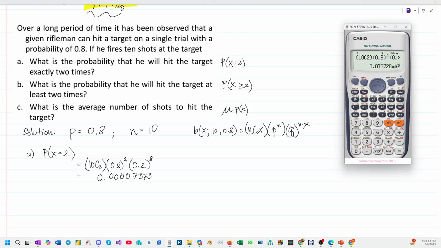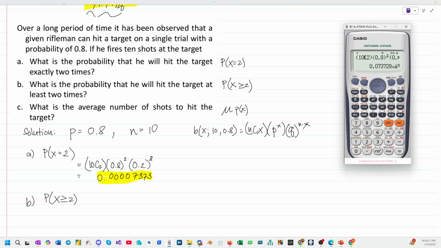Okay, now, you can see here na meron naman dito P of x greater than or equal to 2. Ito yung probability. If you want to put it in percent, okay lang din naman. So letter B, P of x greater than or equal to 2.